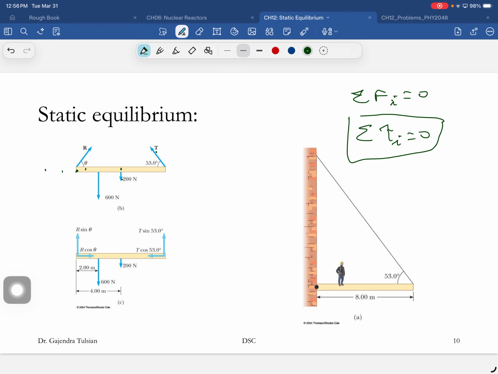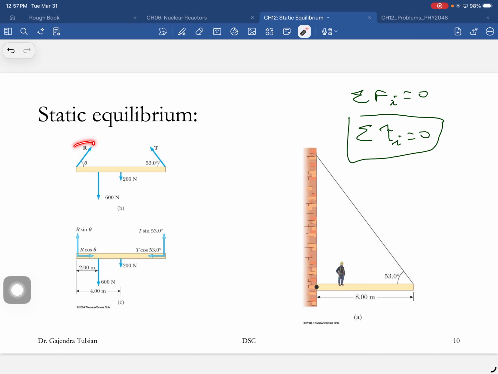It turns out that if the sum of the torques is 0, then it doesn't matter what point you calculate it about. You can calculate the torques about any point, and it'll always come out 0. So then what do you do? You calculate it about the most convenient point.